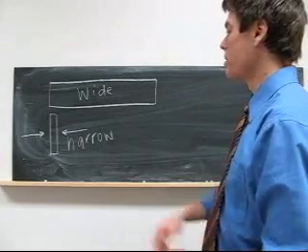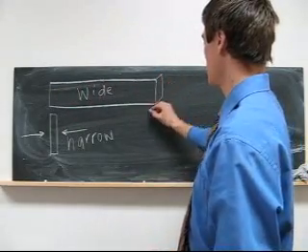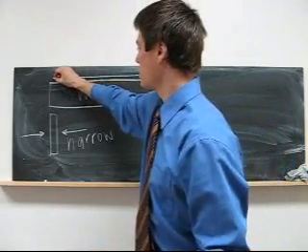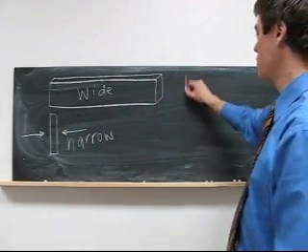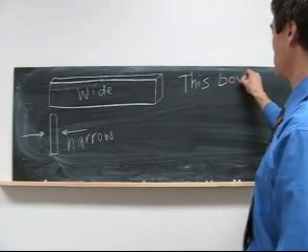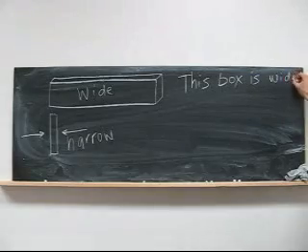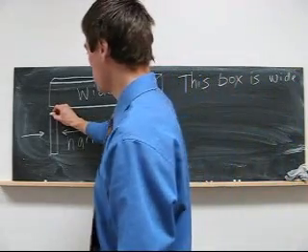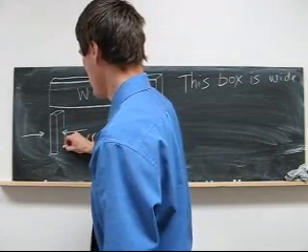So this box, you could say a box. This box is wide. Whereas this box is narrow.